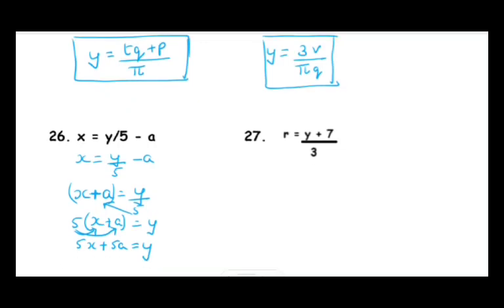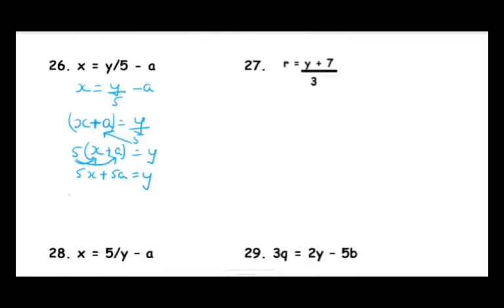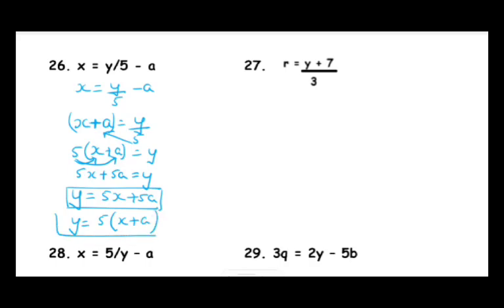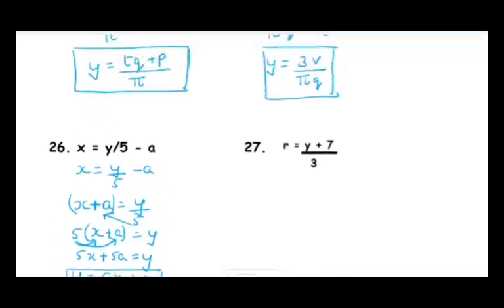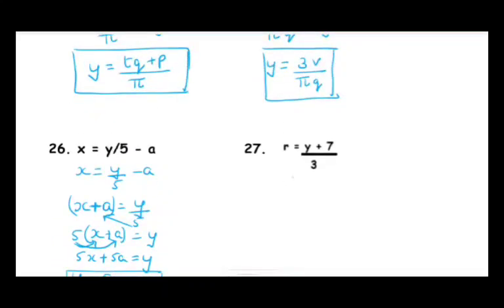Then y to be brought in the left hand side. Y is equal to 5x plus 5a. Either this is also correct, and if you do not want to factorize, or rather you want to keep it in the factorized form, this is also correct. Both the answers are correct. Moving to the next one.